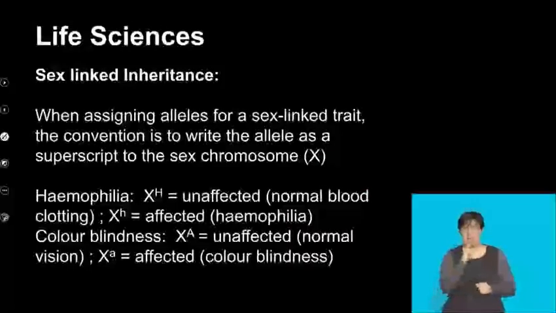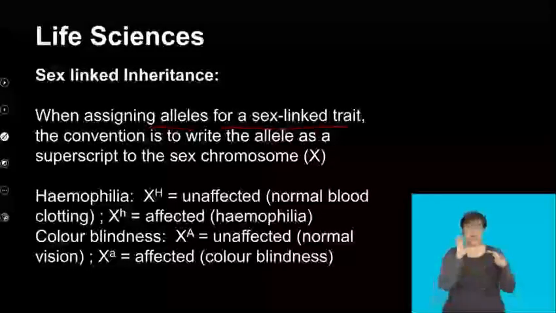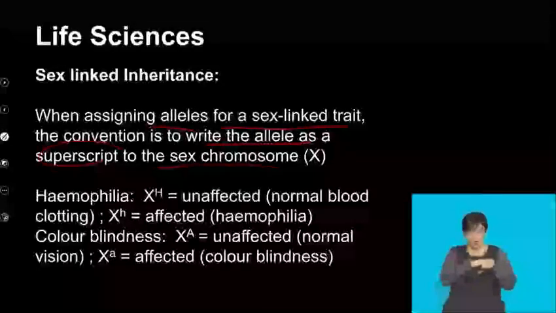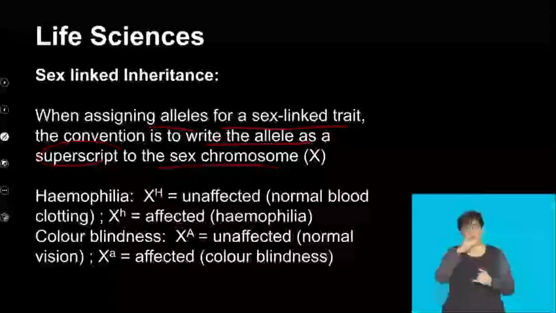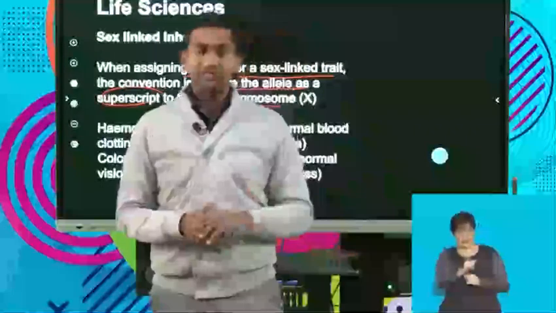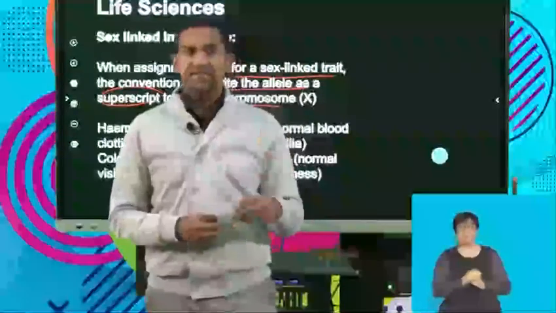When assigning alleles for sex-linked traits, the convention is to write the allele as a superscript on the sex chromosome. We're going to unpack that by referring to some characteristics that are sex-linked. It's important that you take note of a few of these genetic disorders that are sex-linked.